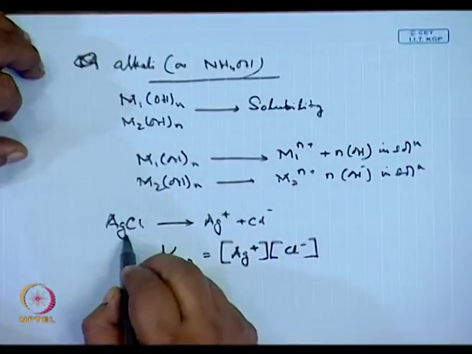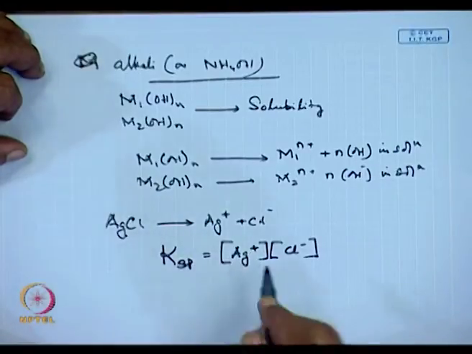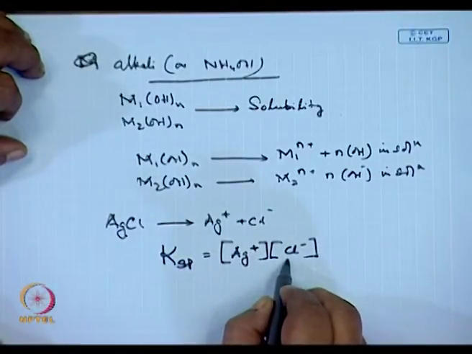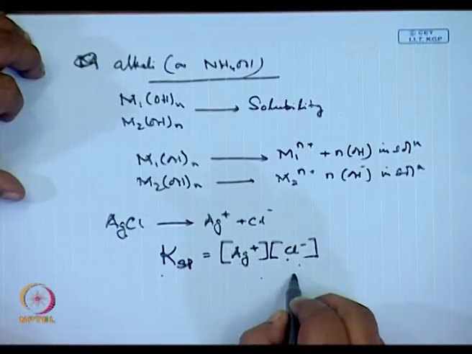It is not that all silver chloride is dissolving, a very small amount will dissolve, and that silver chloride will ionize. The solubility product of silver chloride is given by this reaction.